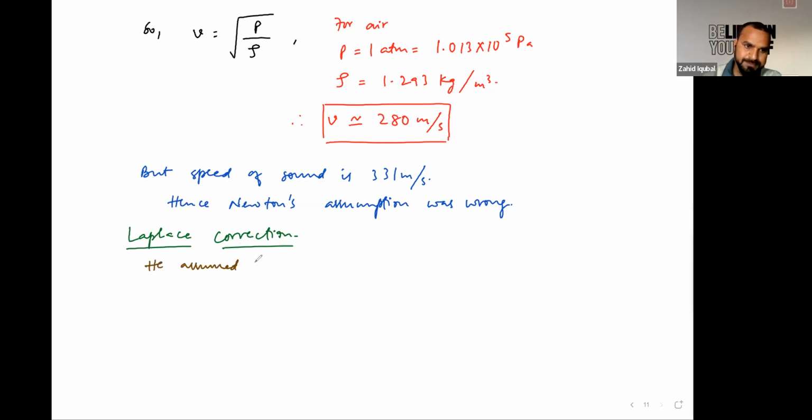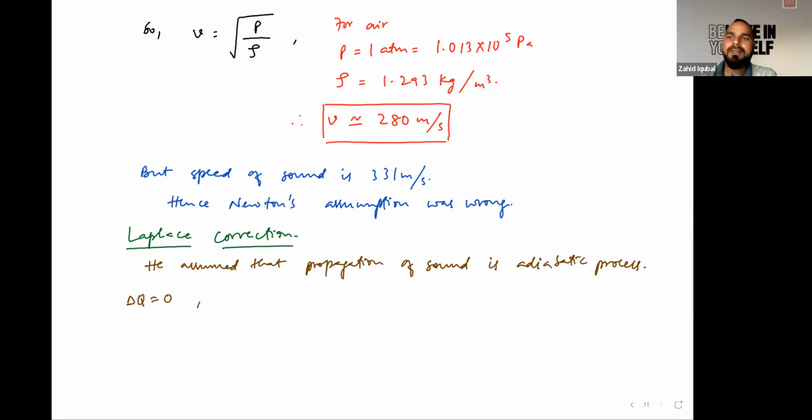He assumed that propagation of sound is adiabatic process. It means delta Q is equals to 0. Why it should be adiabatic in nature?